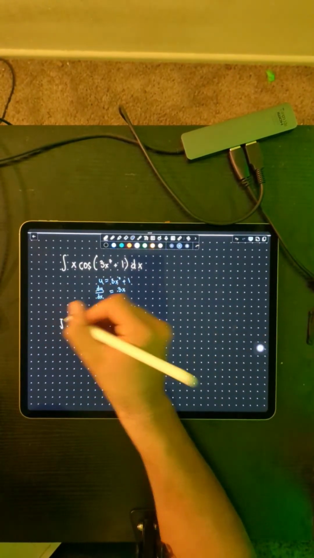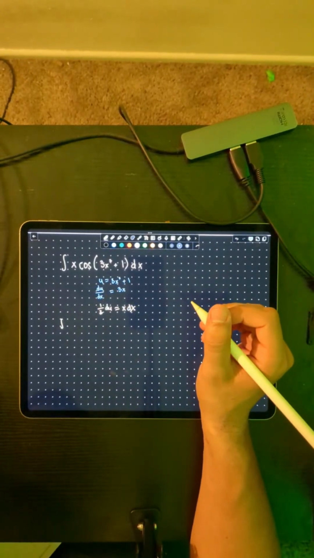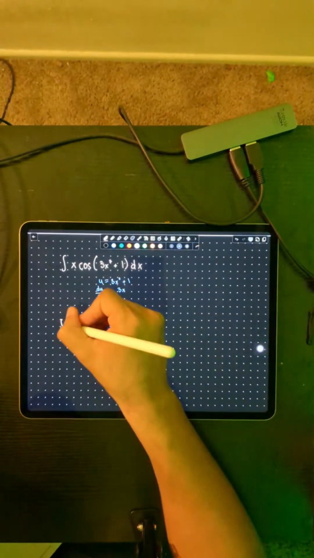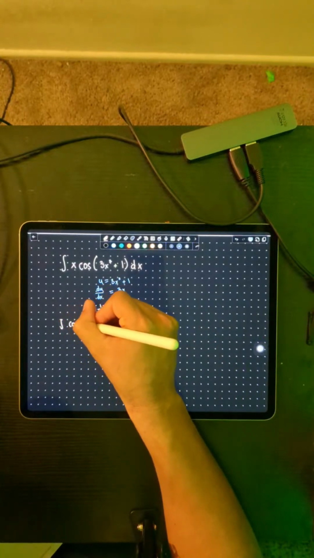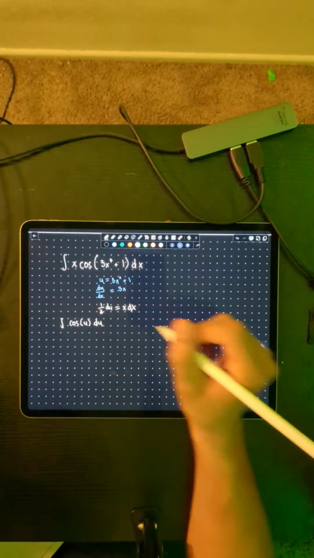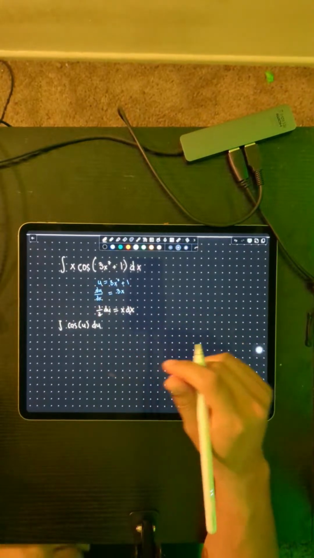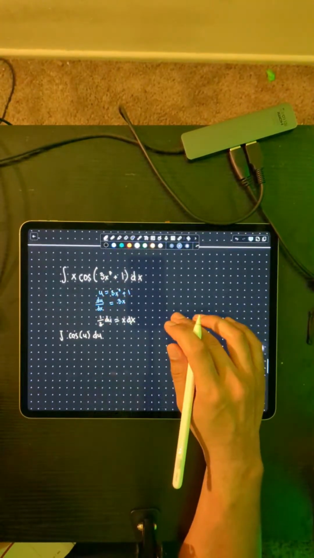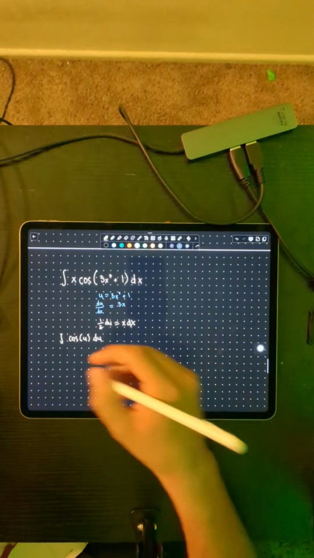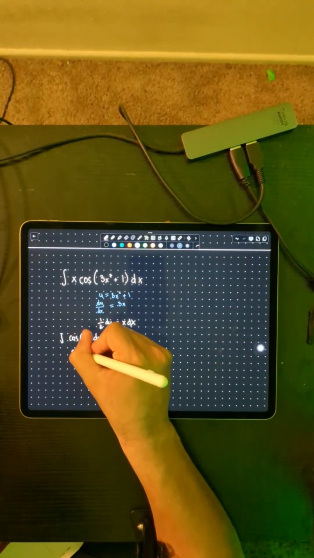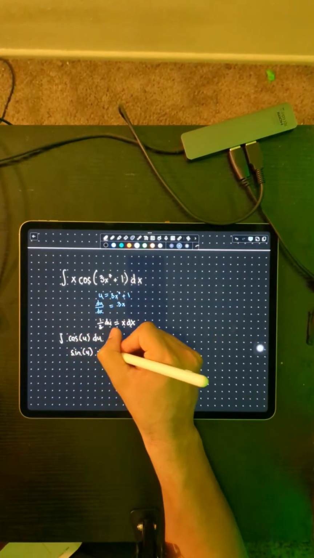Welcome back, everyone. So x cosine of u is going to turn into cosine of u du, and this is going to be our new integral that we solve here. The integral of cosine of u is going to be sine of u, plus c.